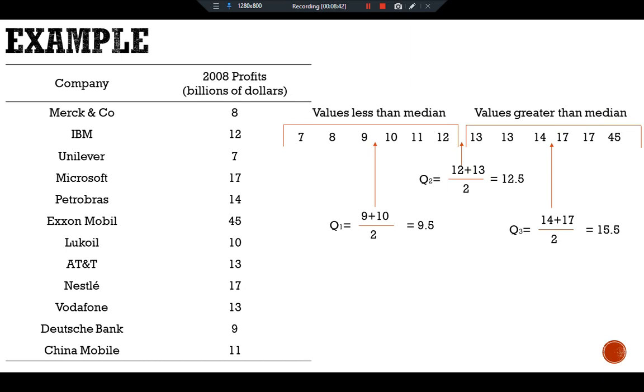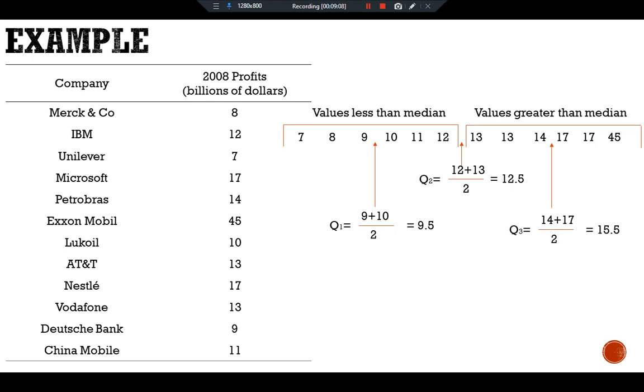Likewise, if we are using Q3, and the Q3 value is $15.5 billion, that indicates that 75% of the companies had profit less than 15.5 billion, and 25% of firms have profit greater than this.